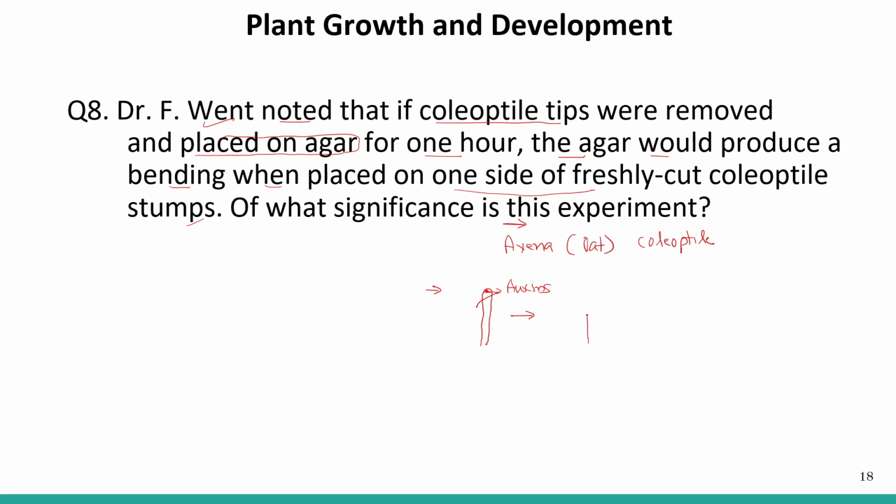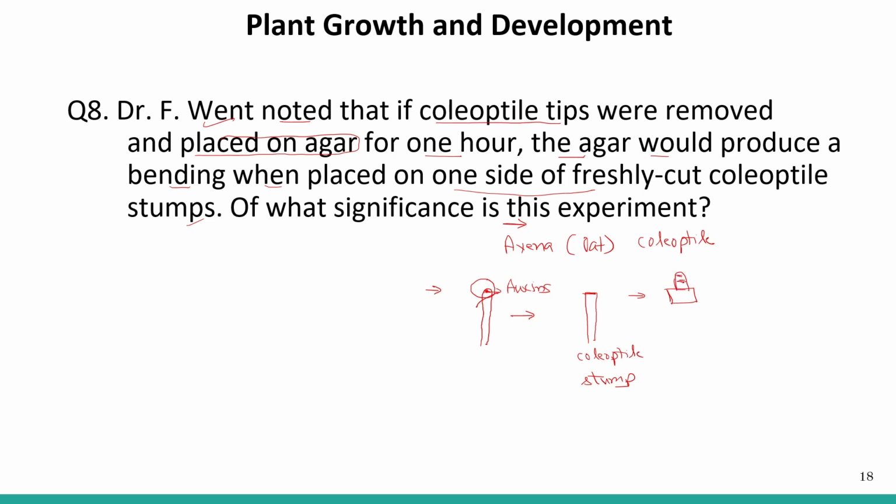So here, this is the coleoptile stump, without the shoot tip. It is called coleoptile stump. Then this part, which he removed, he kept it on an agar block.